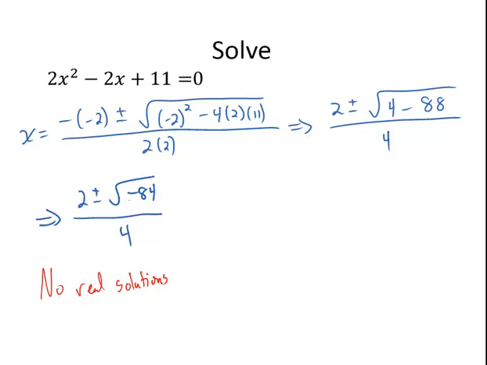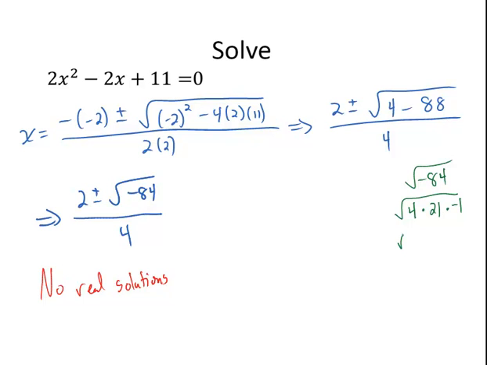The square root of negative 84, recall that we can think of that negative 84, let's do a little work here on the side, negative 84, the square root of it. Well, notice that 84 is not a perfect square, but it has a perfect square factor of 4. So I'm going to think of that as the square root of 4 by 21 by negative 1.